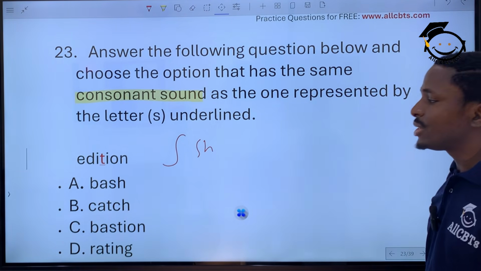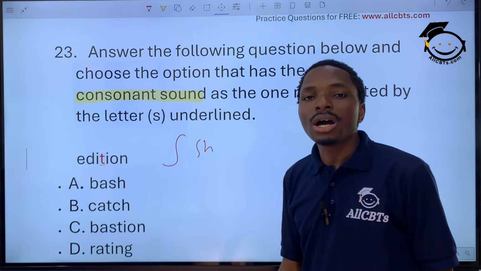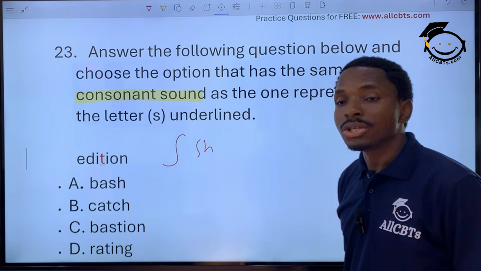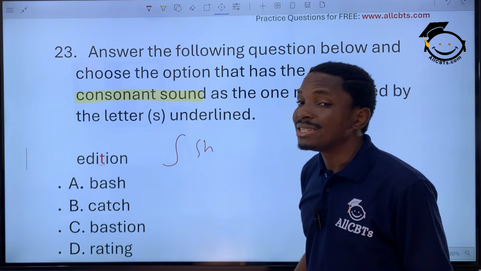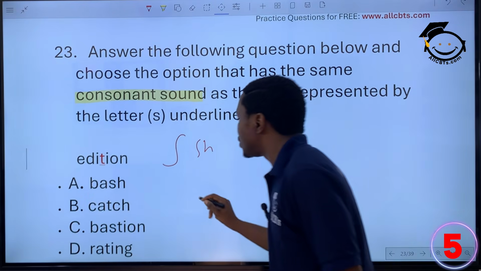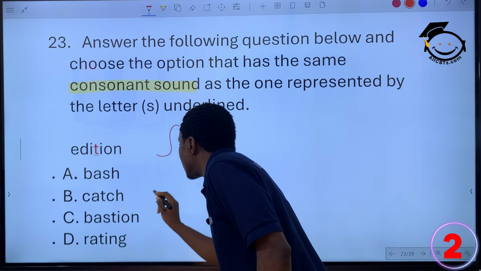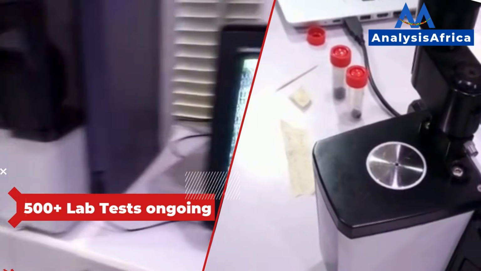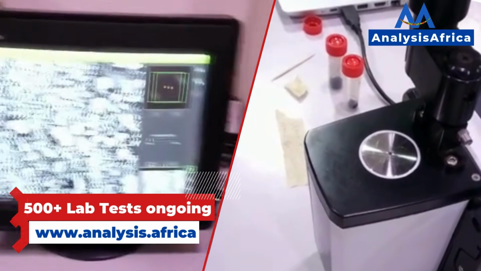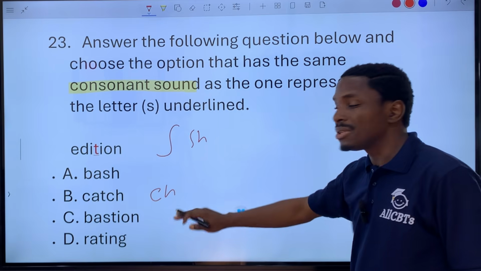You have bash, you have catch. In catch, the sound that is there is ch, which is this. In Boston, it's not even there at all.